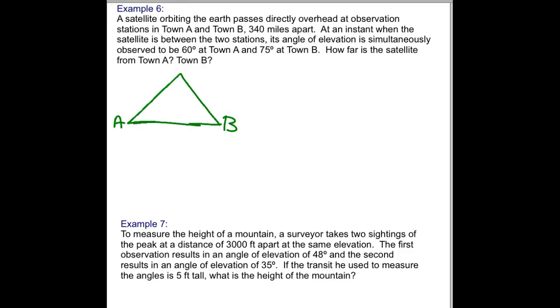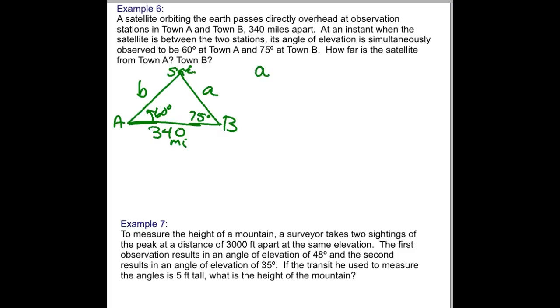Okay, so from horizontal here looking up was, what was it, 60 degrees? And on the other side, 75 degrees. And the two towns are 340 miles apart. And this is your satellite? Yes? Okay, so finding sides A and B, it's kind of like the fire problem, right? The two fires, or the one fire from the two stations.